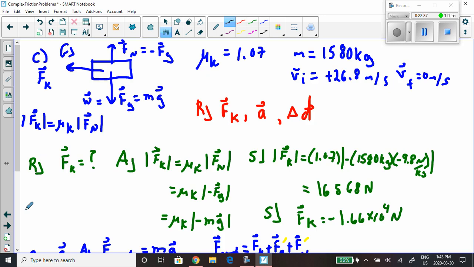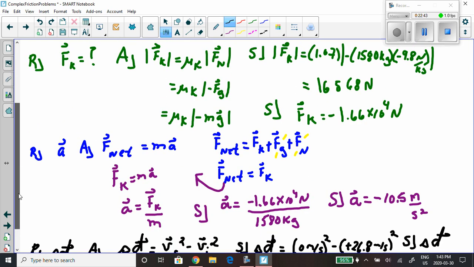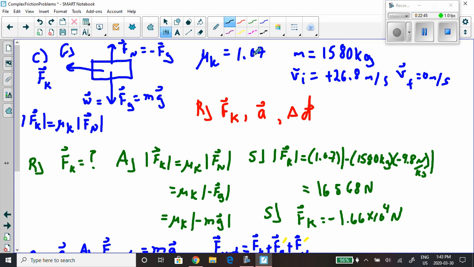So you would repeat all of this all over again, except you would not use the coefficient of kinetic friction 1.07 for rubber on asphalt. You would use the coefficient of kinetic friction for rubber on ice. So this would be replaced with 0.005. And then you would go through this question again.